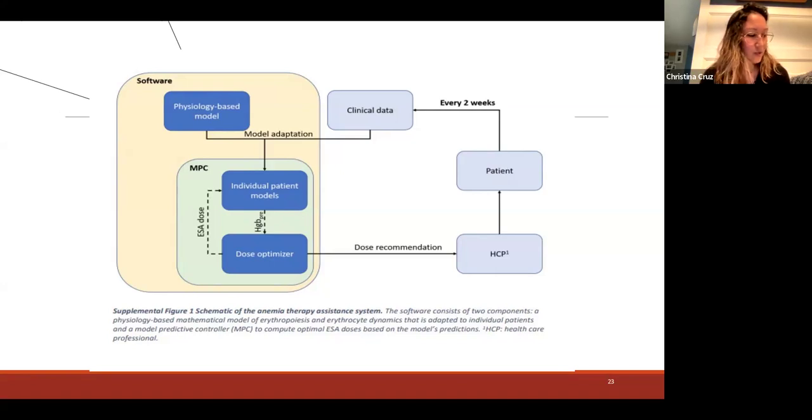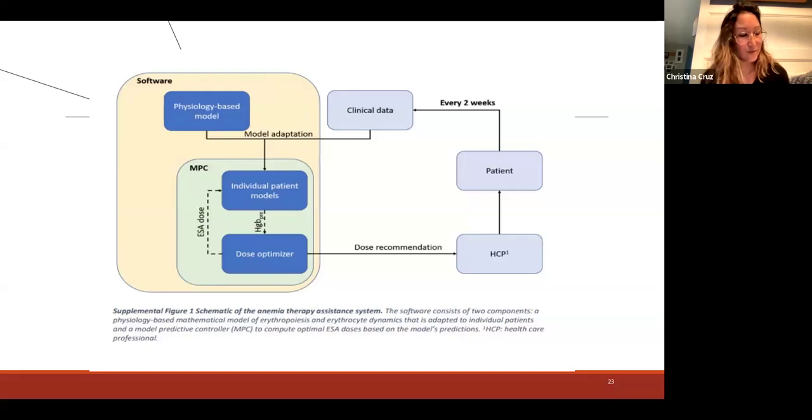The model was combined with a general ESA pharmacokinetic and pharmacodynamic model. An algorithm was used to individualize the model on a basis of the patient's routine clinical data, which was used to create a personalized digital twin or an avatar.